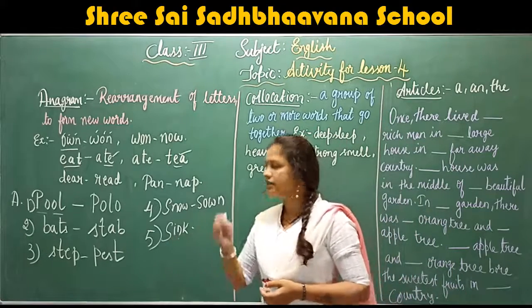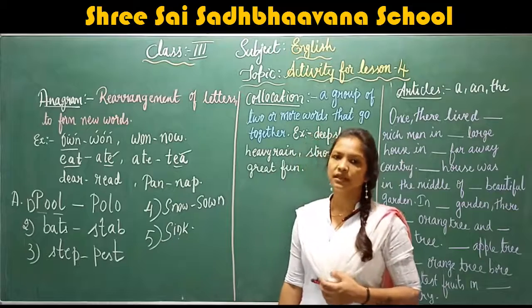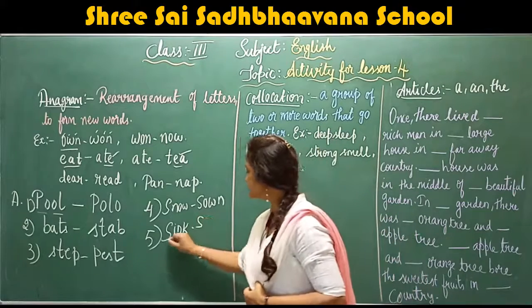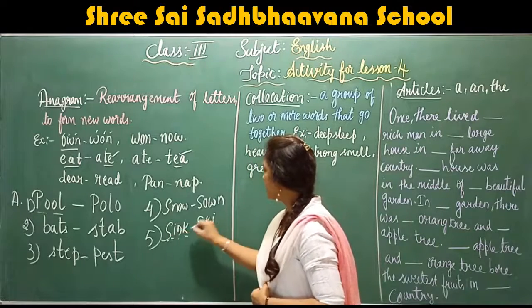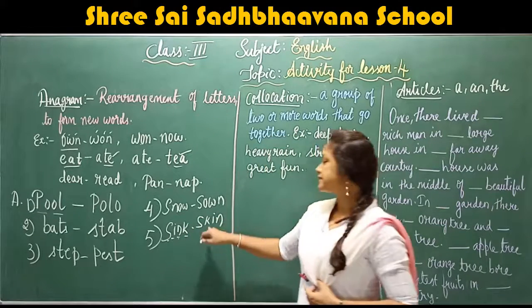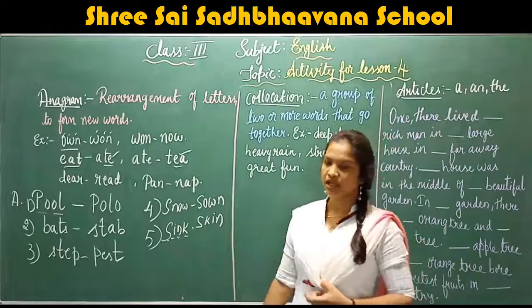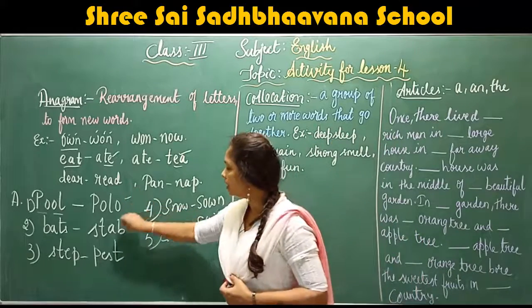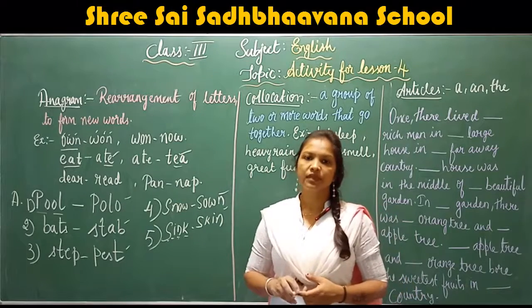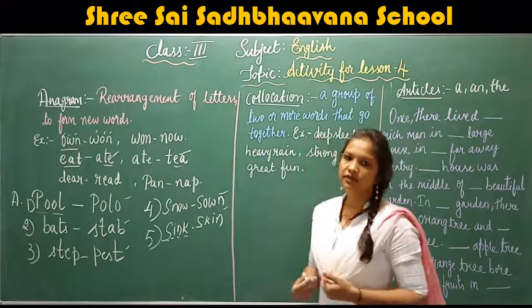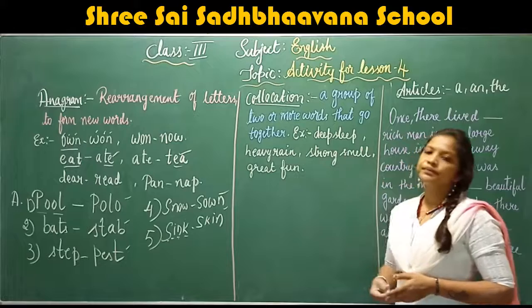Now, what is the correct answer for the word sink? S-K-I-N. Skin is the correct option. Children, I want you to tick these words in the textbook. Okay, now we'll move on to the next part.